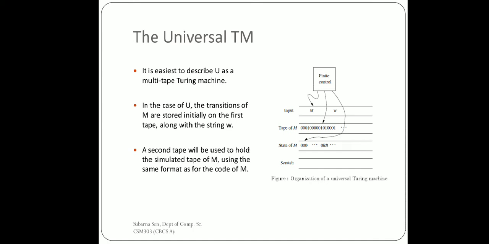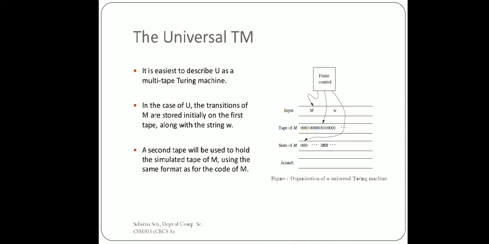So it is the easiest way to describe U as a multi-tape Turing machine. In this case, how the tapes will work: the transitions of M are stored initially on the first tape along with the string W. Do not get confused that we are storing the transitions of M and W. That means we are just storing in the form it is given to us, right?